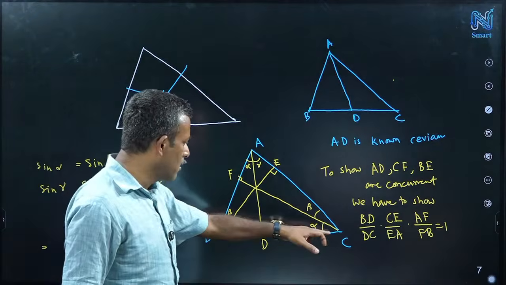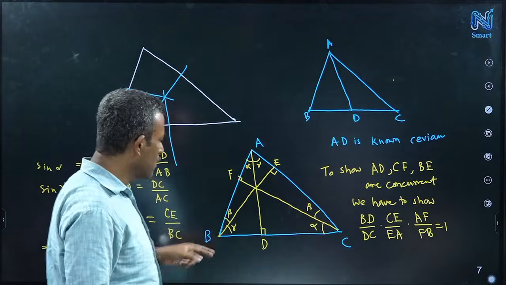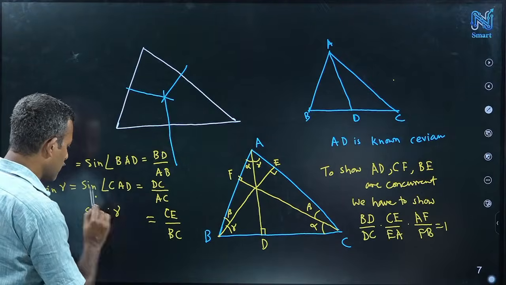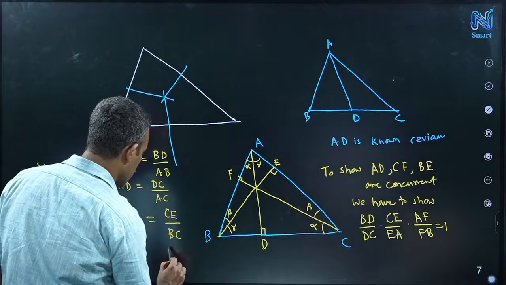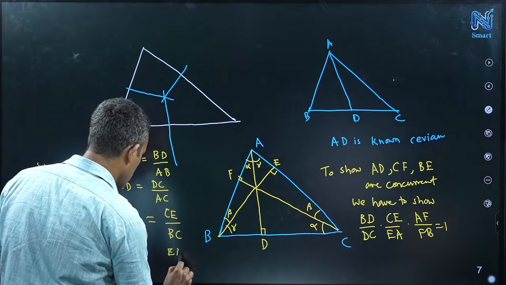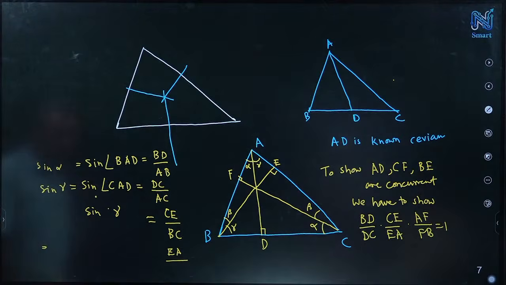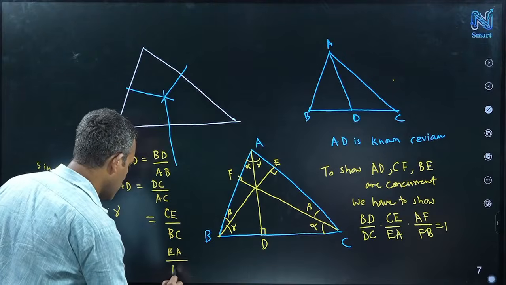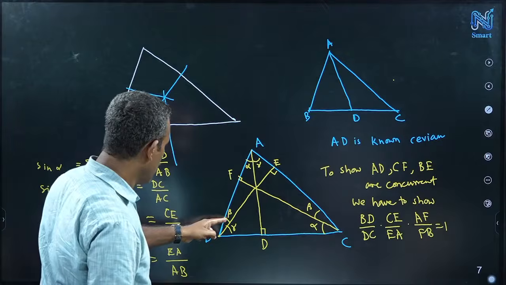That is the CE. These are hypotenuses, right? So that is sine gamma. And what about EA? EA by AB is sine beta.